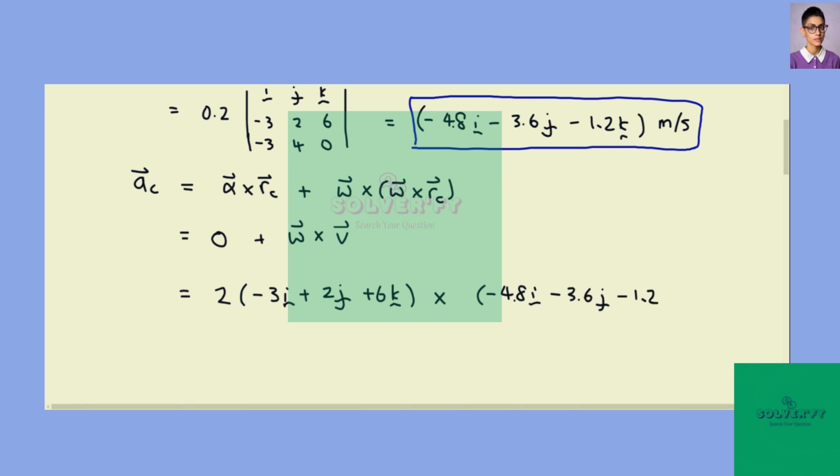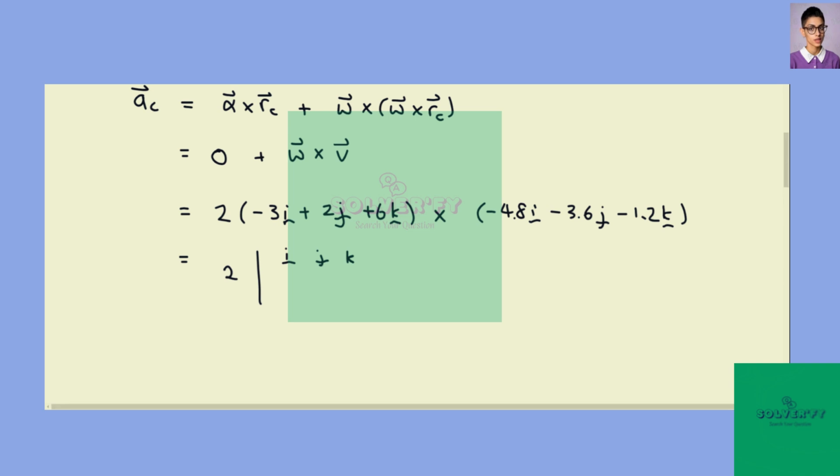So this is the determinant with 2, i j k, minus 3, 2, 6, minus 4.8, minus 3.6, minus 1.2.